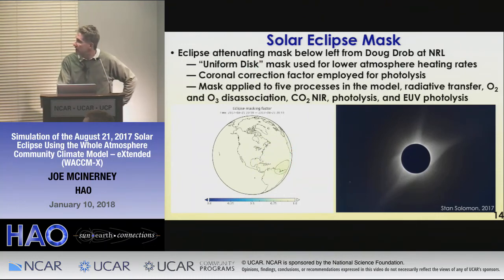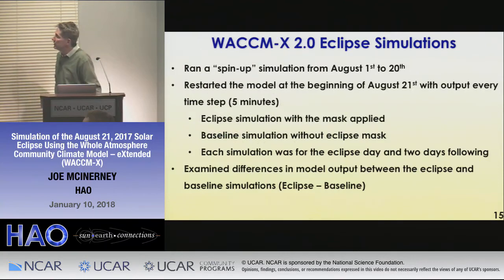So now we've got a model that's capable of simulating the eclipse, and here are the simulations we actually did. We ran the model for 20 days to spin up the model, and then we stopped on August 20th and did a restart. Starting on August 21st, previous to that we'd just been doing hourly output, we started doing 5-minute output, which is every time step in the model.